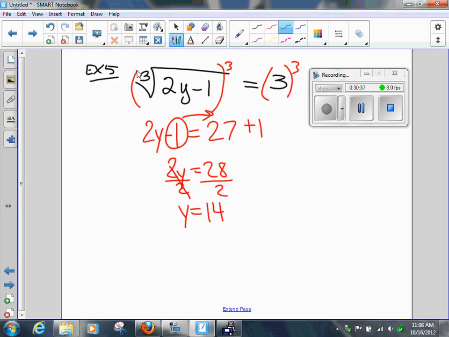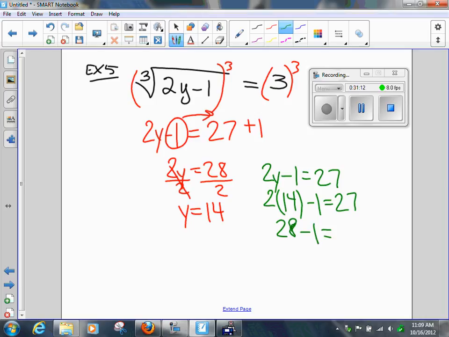All right, how many of you had y equals 14? Did you cube it? Two y minus 1 equals 27. It's okay. You've got to keep in mind, don't make careless mistakes. Because if you make a careless mistake in your manipulated version of an equation, then you're going to be wrong.